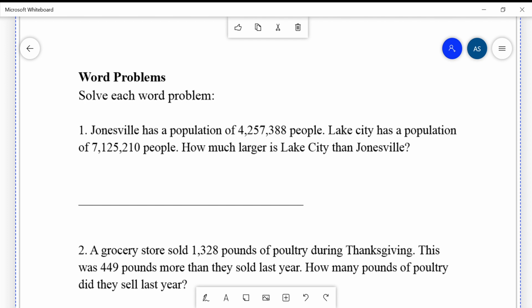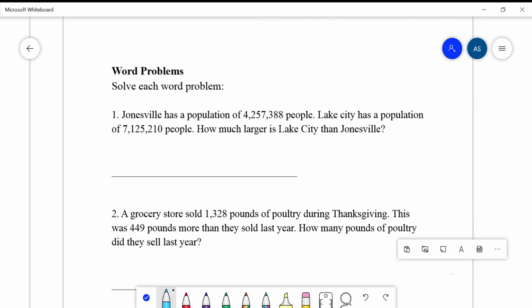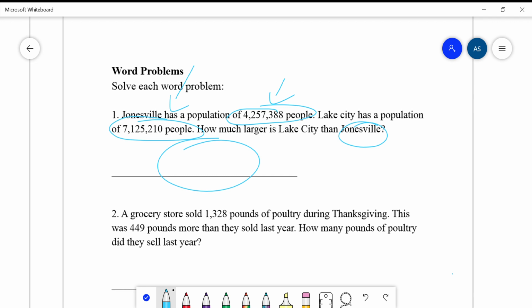How much larger is Lake City than Jonesville? So we're going to look at Lake City with the population of this much, and Jonesville with the population of this much. And we're going to take away this number from this number to get your answer. Alright? Good luck on the rest of them.